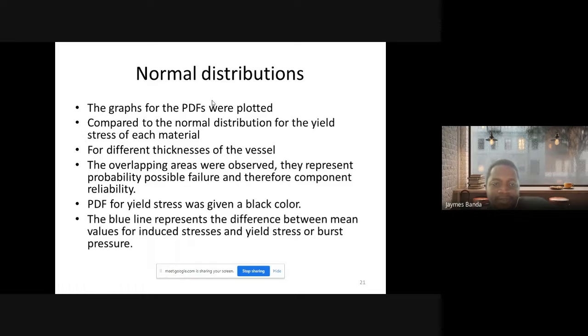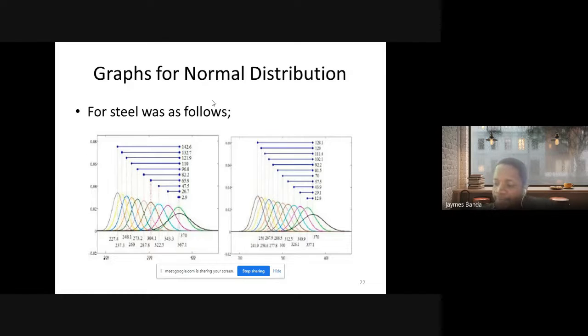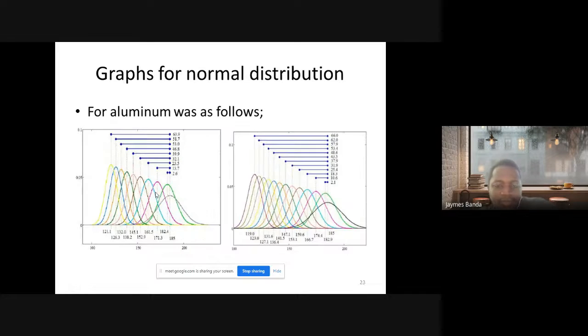So the first one is the graph for steel. You can see there the black curve and the subsequent curves as the thickness is increasing for steel. And then for aluminium, it was also plotted, and you can see the differences as the thickness was being varied.